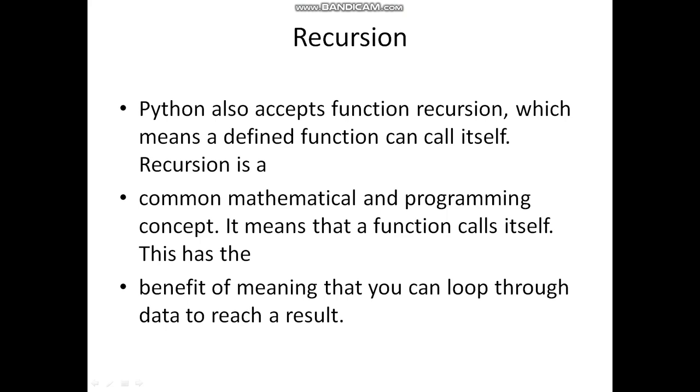It means that a function calls itself. Okay, this has a benefit of meaning that you can loop through the data to reach a result. Okay, so now I'll be showing you a program to do recursion. Okay, and what is recursion? We'll just check.